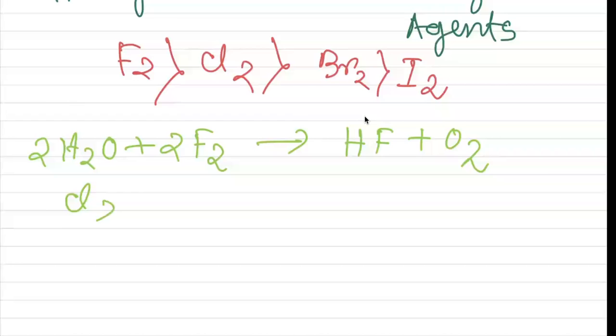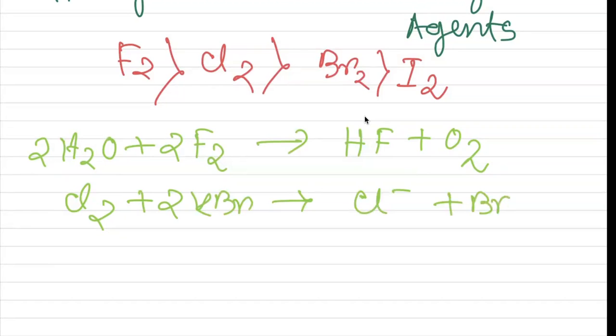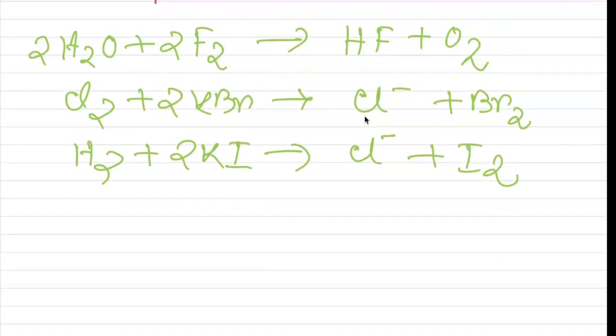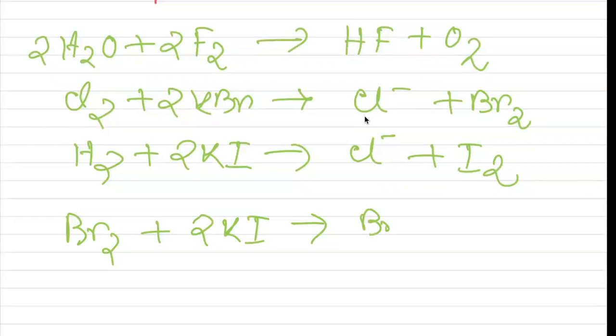When Cl2 reacts with 2 KBr, it forms Cl minus plus Br2. When Cl2 reacts with 2 KI, it forms Cl minus plus I2. When Br2 reacts with 2 KI, it forms Br minus plus I2.